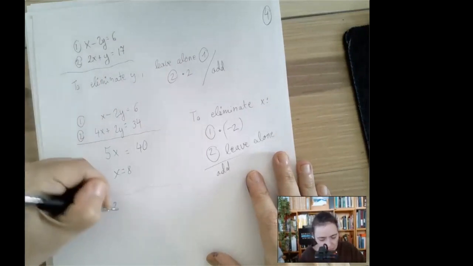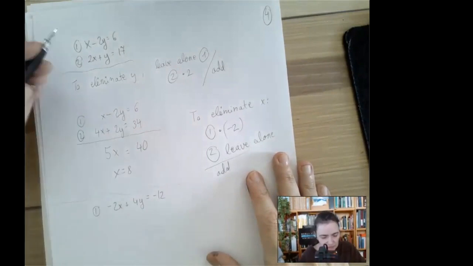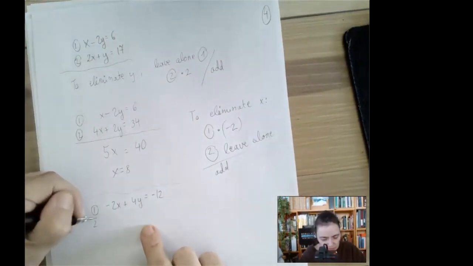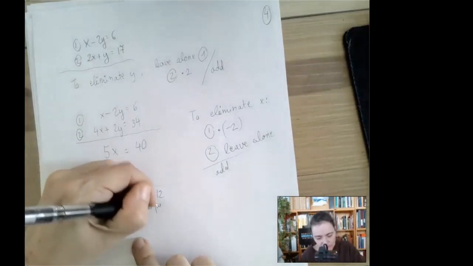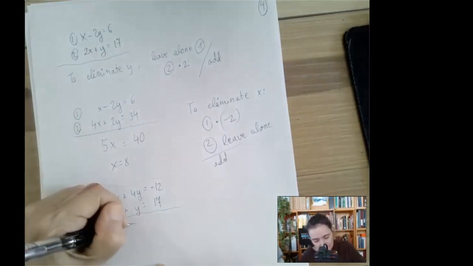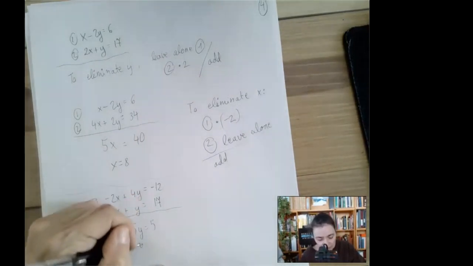So that's -2x plus 4y equals -12, minus plus minus, and then leave alone the second one, 2x plus y equals 17. It's kind of cute that very often we divide by that same number. Here we had 5x, now we're going to have 5y equals.